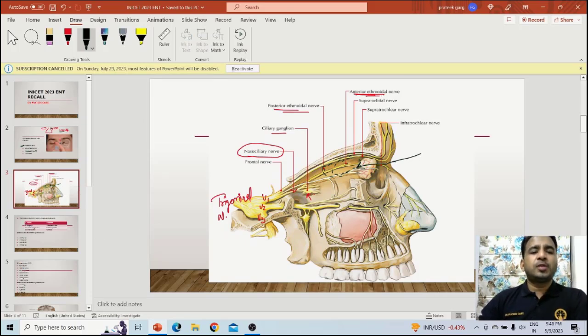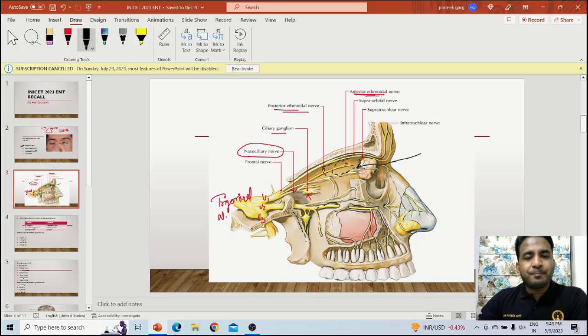Let's talk a little bit about the other branches also, like V2, how it is going. V2 is the maxillary nerve, V3 is the mandibular nerve. V2, we all know, the maxillary nerve, enters into the sphenopalatine fossa. Suppose this is the posterior part of the maxilla and this is the pterygoid plate. Sphenopalatine fossa or pterygomaxillary fossa, we can call both the same.